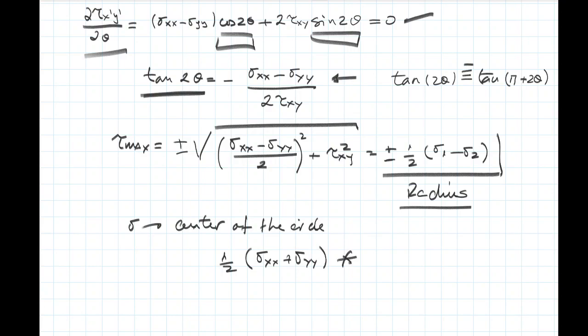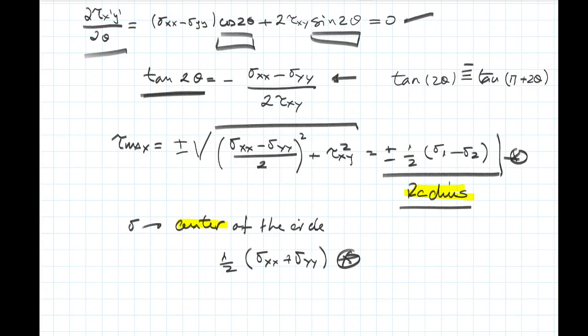So you see that this is a combination of stresses in the element and principal stresses found, specifically principal normal stresses. Let me mark it down like this one here. Yeah, this is the radius and this is the center.